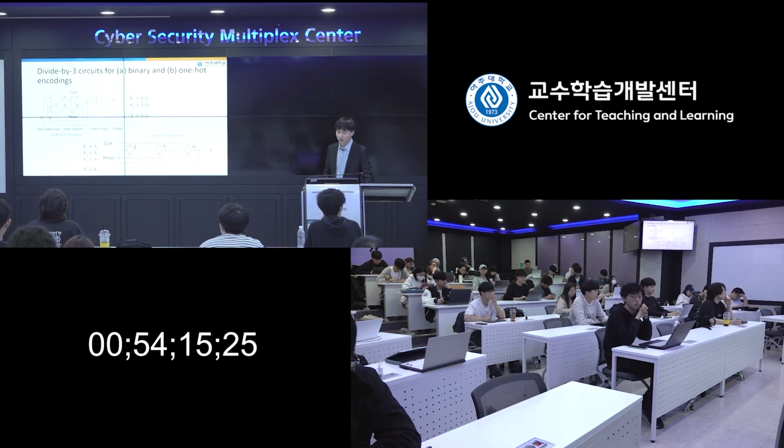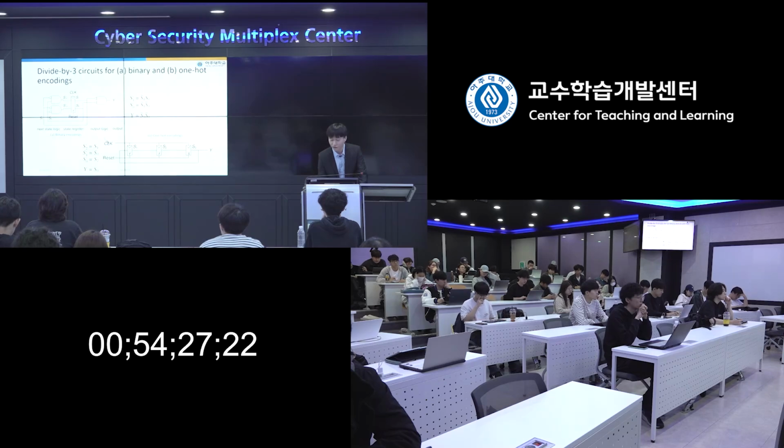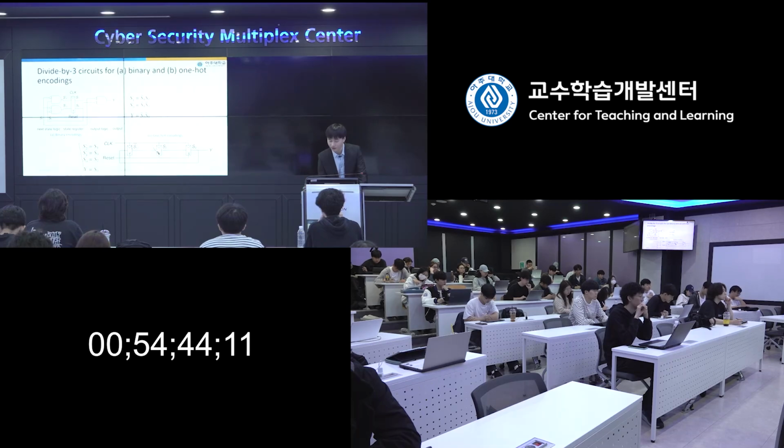Then let me write down. So it's different from the binary encoding. We have the one-hot encoding. You start from the first equation, you have an S1 here. Then S1 equals S2 prime. Actually, S2 prime is here, right? This is how you can build the schematic.